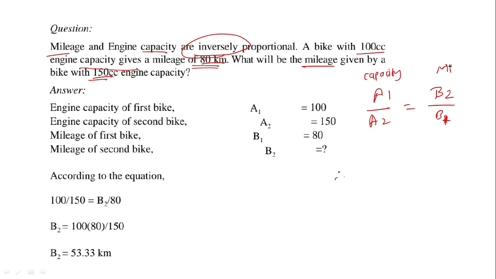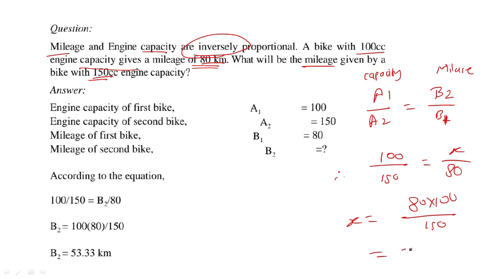Just put in the values: 100 upon 150 is equal to b2, which is x, upon b1, which is 80. Just find x: it is 80 into 100 divided by 150. So the answer will be 53.33 kilometers.